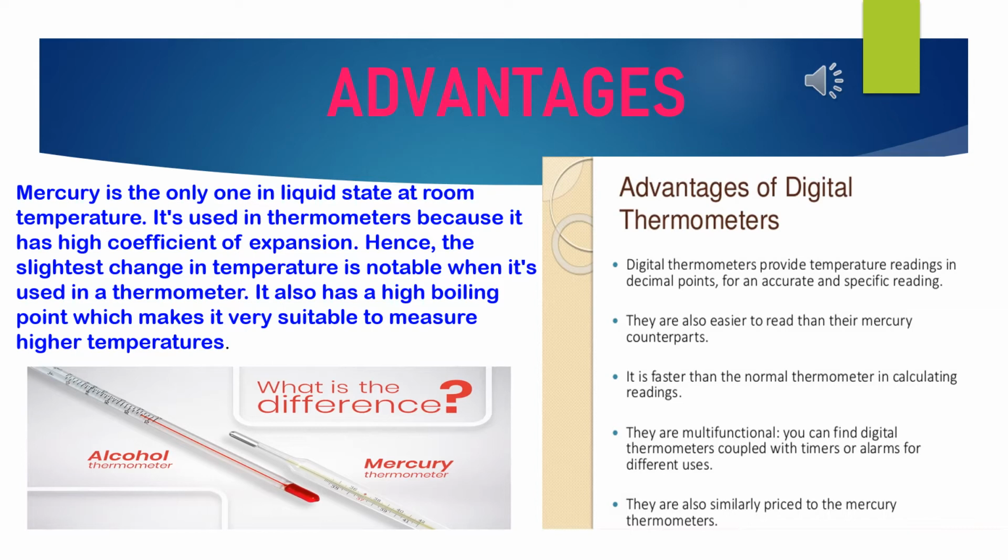But in case of mercury, it's not that much brighter than alcohol. So, in that case, sometimes using an alcohol thermometer is more advantageous than using a mercury thermometer. But generally, in our normal life we use the mercury thermometer.